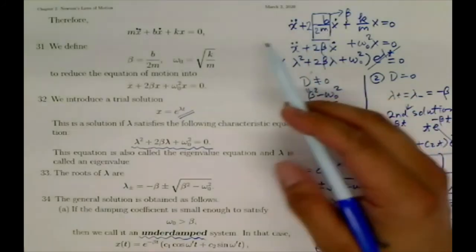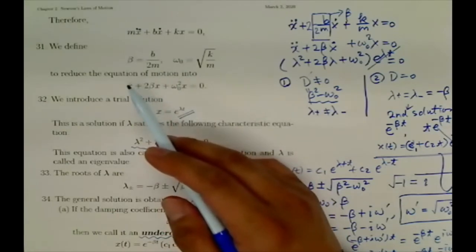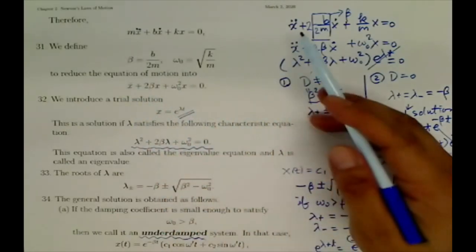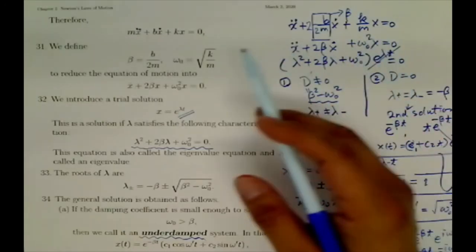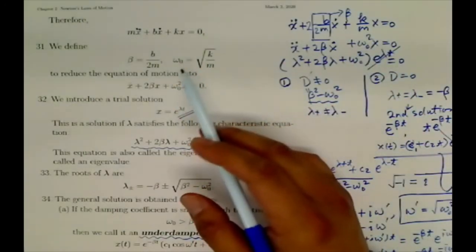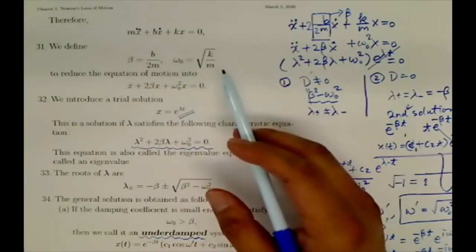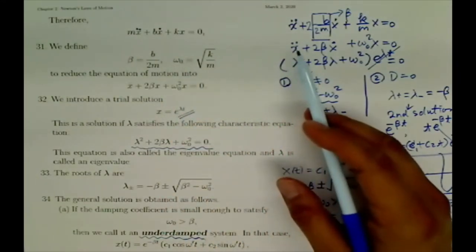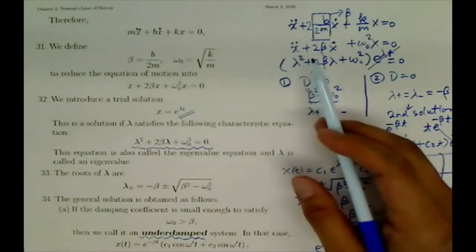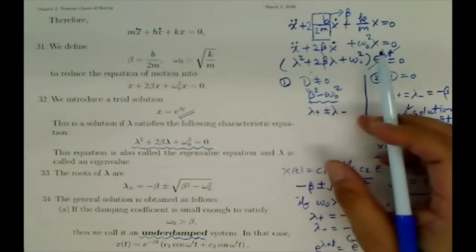So defining the beta parameter to be b over 2m, plus k over m x equals 0. We remember that omega 0 is a characteristic frequency, square root of k over m. We find that the expression becomes x double dot plus 2 beta x dot plus omega 0 squared x equals 0.